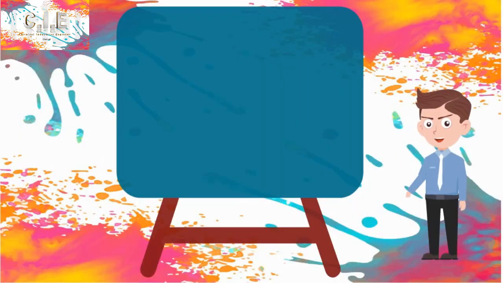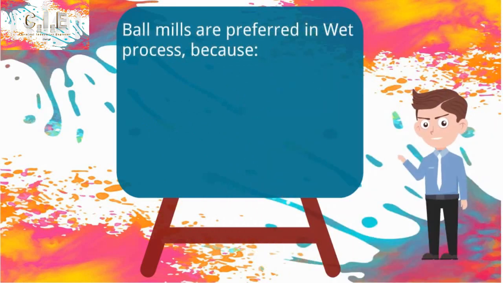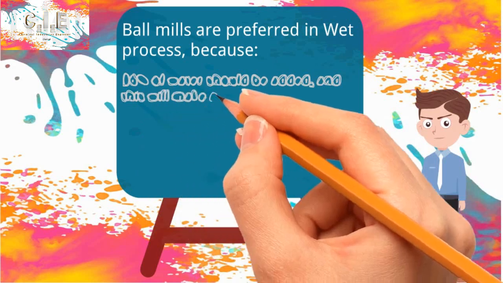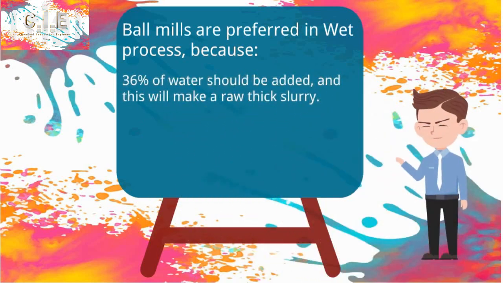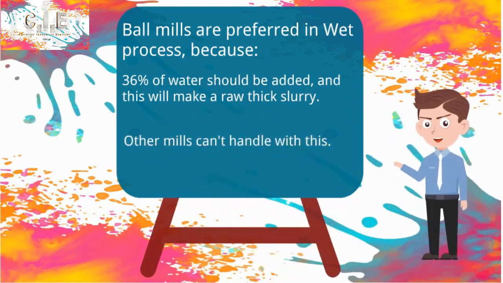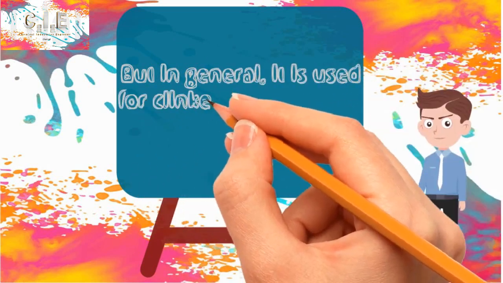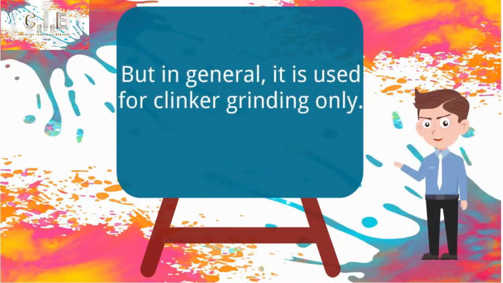In the wet process, grinding raw materials by ball mills is preferred because we should add about 36% of water to the raw materials to produce a thick raw slurry, and other types of mills couldn't handle this slurry. But in either dry or wet process, the ball mill is the most common type used to grind and blend clinker with its additives.